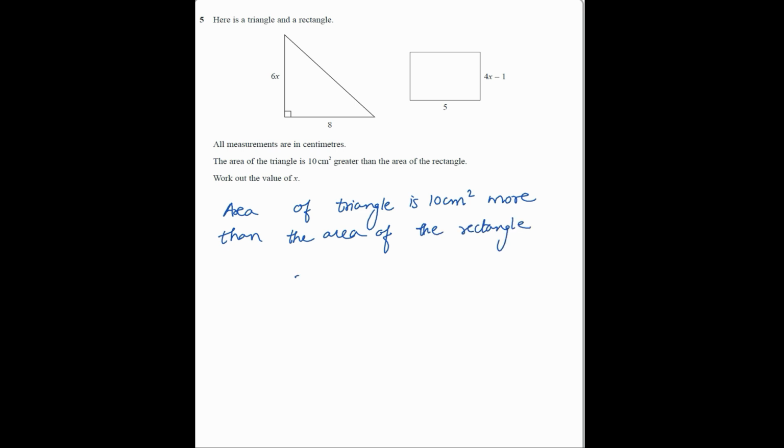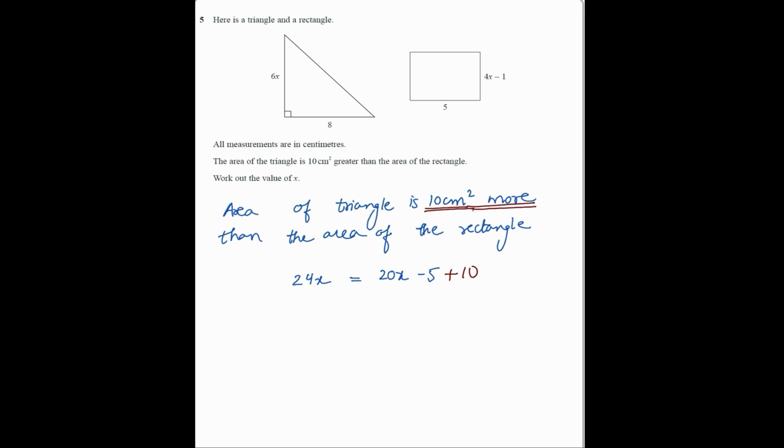So we can write 24x, that is the area of the triangle, equals 20x minus 5, that is the area of the rectangle. And it says 10 centimeters square more, so you just have to add plus 10 there.